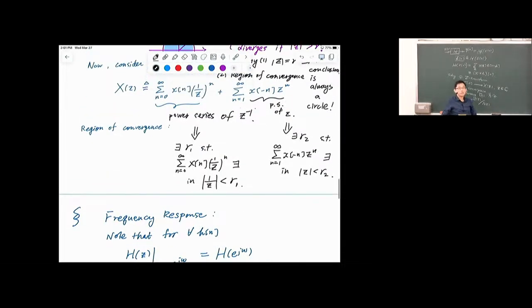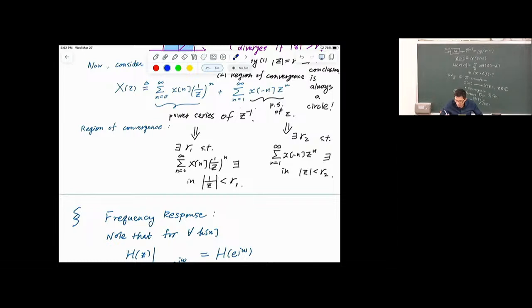So now our z transform is broken into two parts. This part converges inside a circle, and that other part converges actually outside a circle, not inside. Why? Because here we have a power series not of z, but of z inverse. So the region of convergence we expect to be outside this R1.